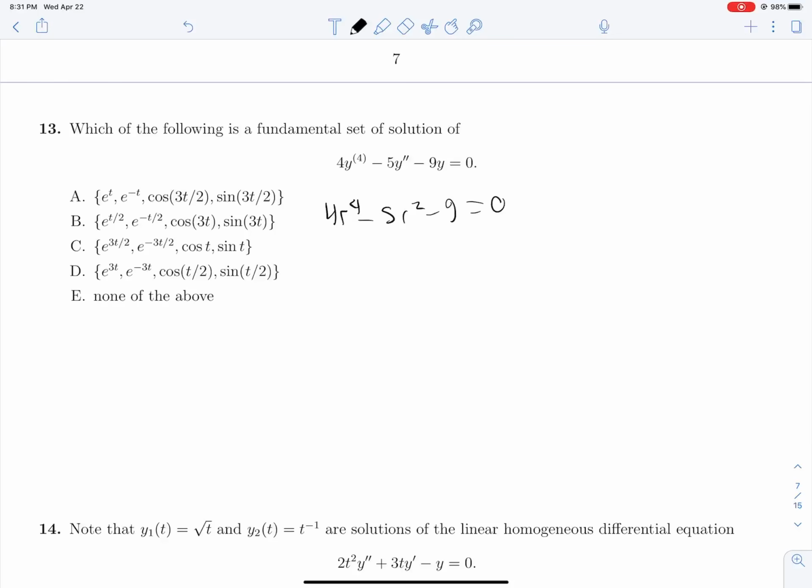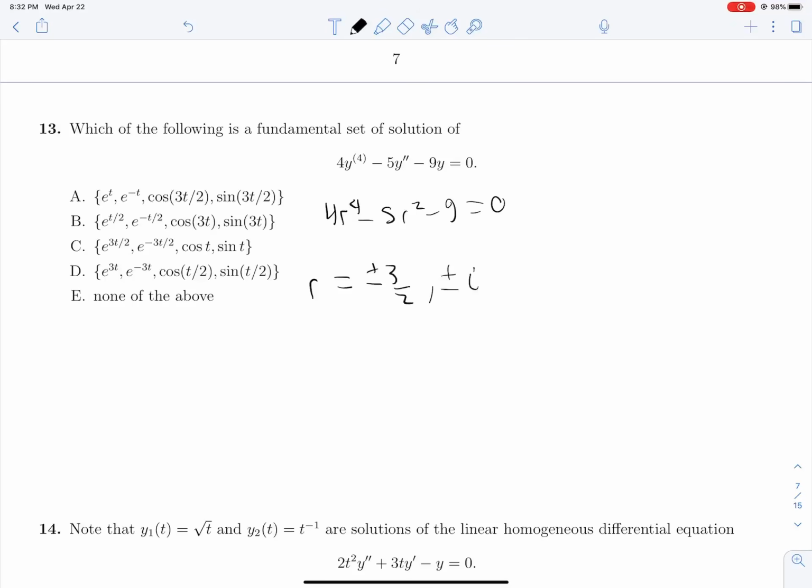So 4x to the fourth minus 5x squared minus 9 is equal to 0. Oh wait, I forgot to tell it to do something with it. Oh no, it still did it. So we see that x is equal to plus or minus, wait, we're not x anymore, we're r. r is plus or minus 3 over 2 and plus or minus i.